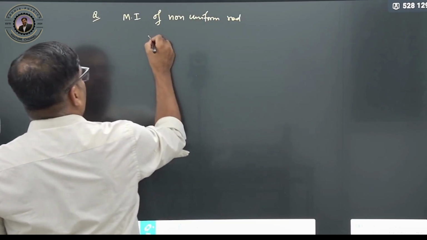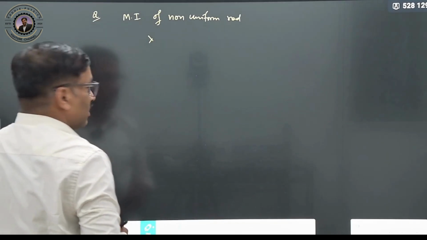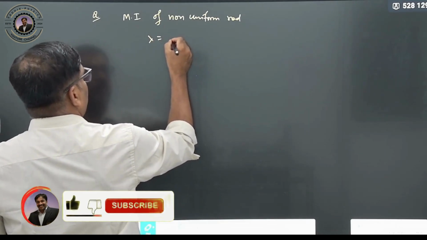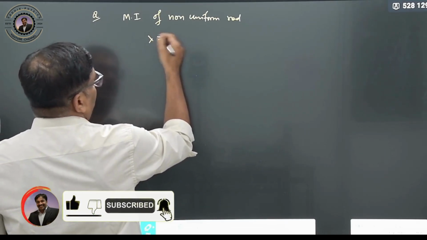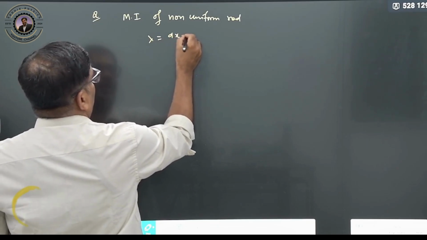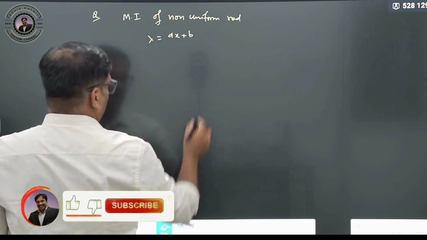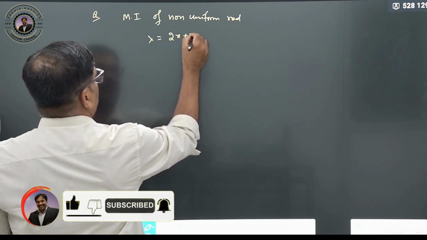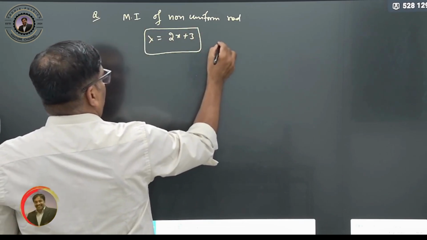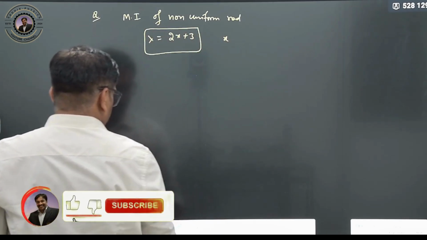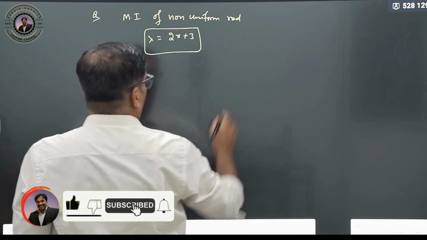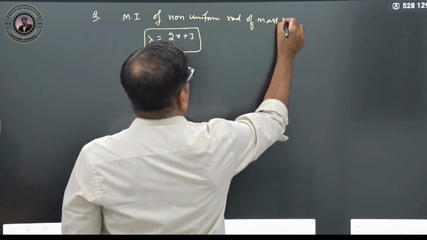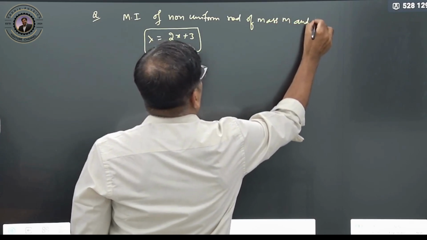How is it varying? The linear mass density lambda varies like ax + b, or for easy calculation, 2x + 3, with mass m and length L.